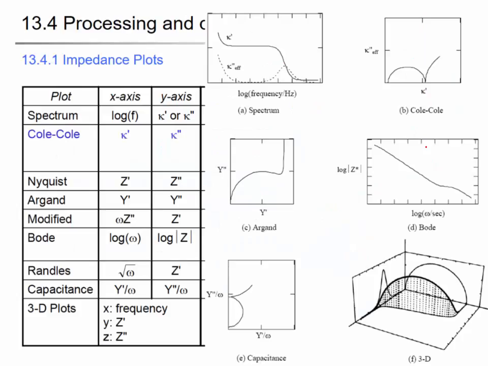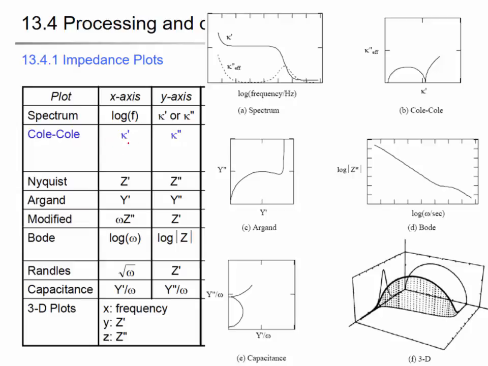So here, when you get the impedance plot, you can plot it with several parameters. For example, the common one is the spectrum, right? So the y-axis will be impedance or admittance or permittivity, and the x-axis will be angular frequency or just frequency, in the logarithmic scale.